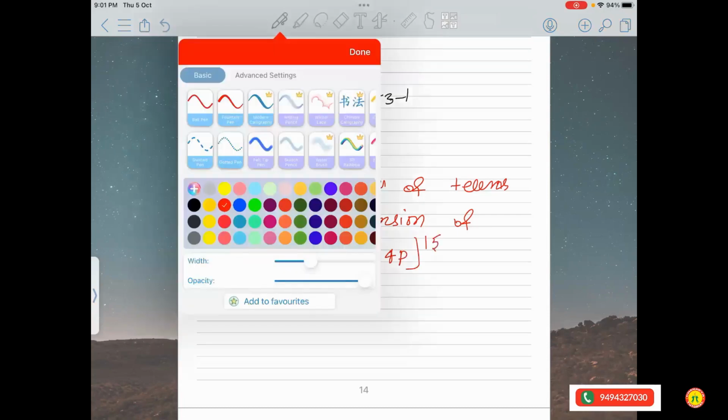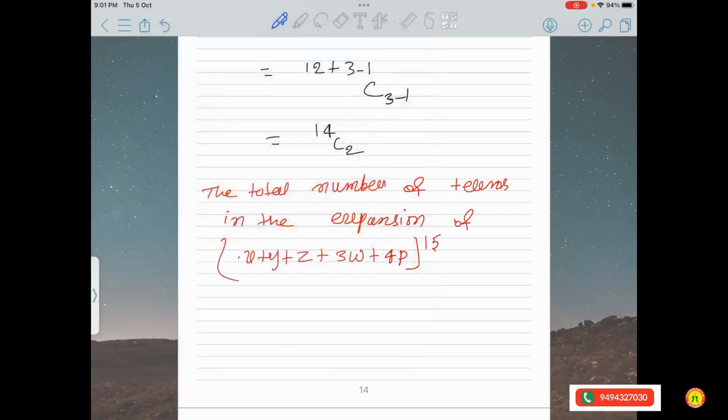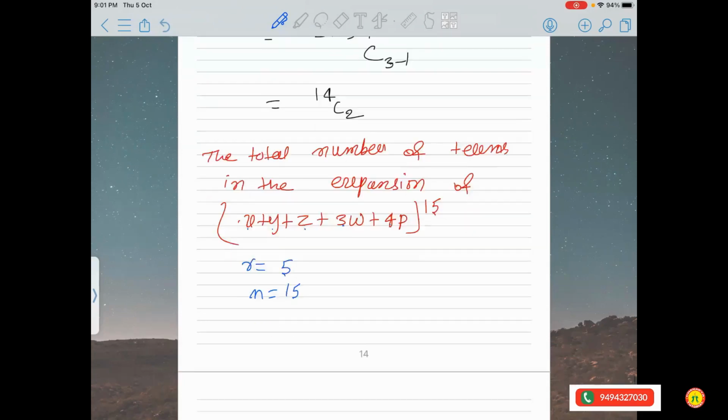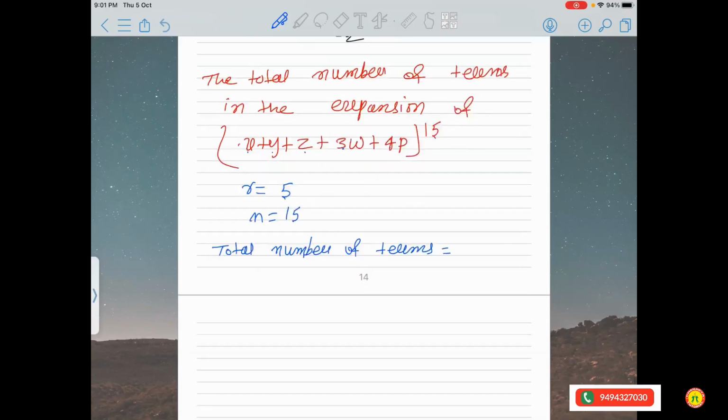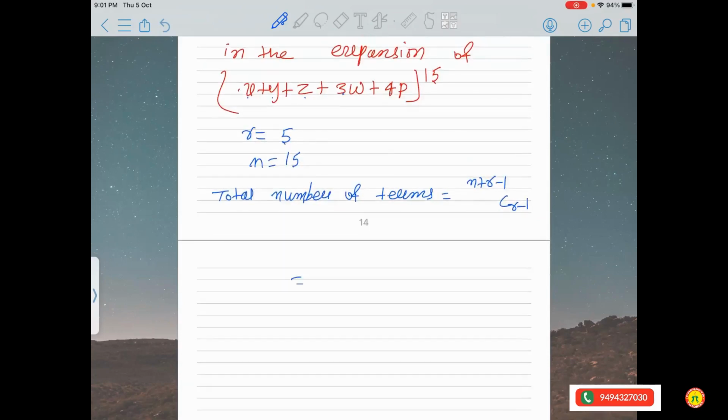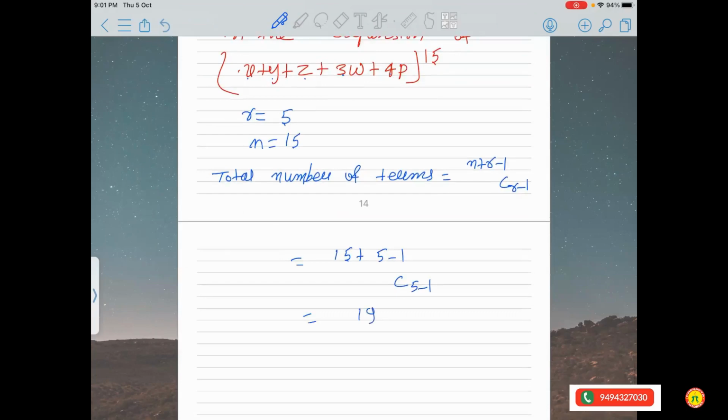Can you say the answer, Aditi? Here r is equal to what? R equal to 1, 2, 3, 4, 5. So r equal to 5 and n equal to 15. Total number of terms equals n plus r minus 1 C r minus 1. So n is 15 plus r equal to 5 minus 1, C 5 minus 1. So 19 C 4 is the answer.